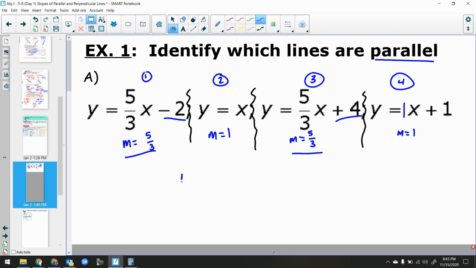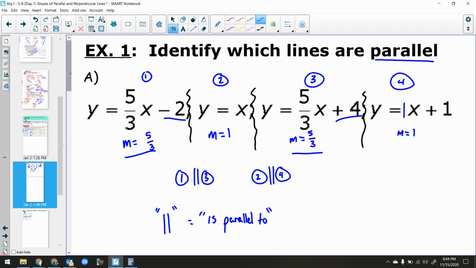So we're going to say that line 1 is indeed parallel to, and that's the symbol for is parallel to, line 3. And we can also conclude that line 2 is parallel to line 4, because look, the y-intercept is 0 and the y-intercept is 1.